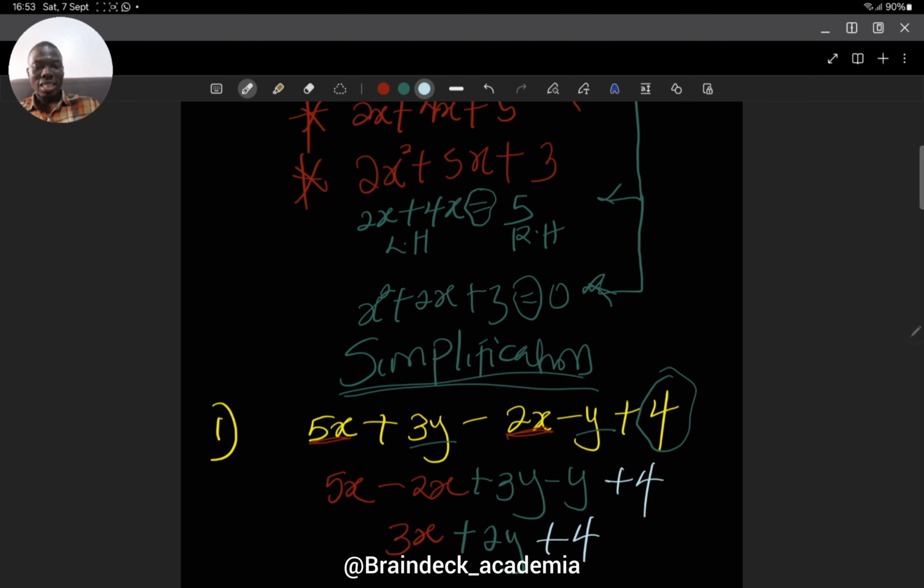If you say yes, you'll be wrong. But if you say no, you would have been right. Because there is literally nothing we can do here again, because this expression does not have anything in common. There are no like terms present in the expression. So at this point, we leave it and we call this our answer.